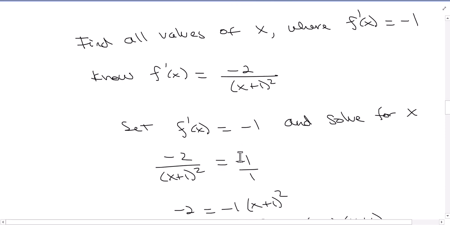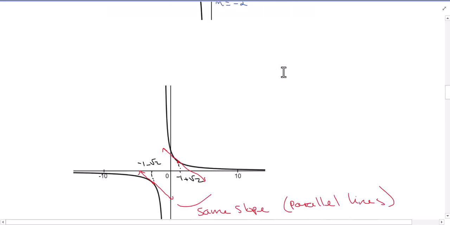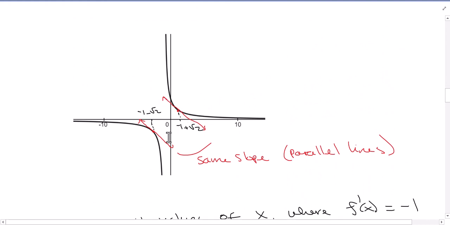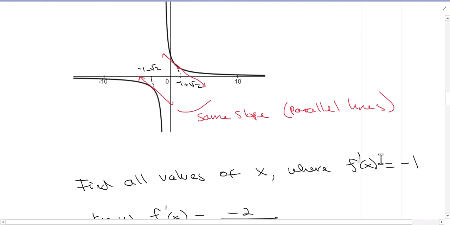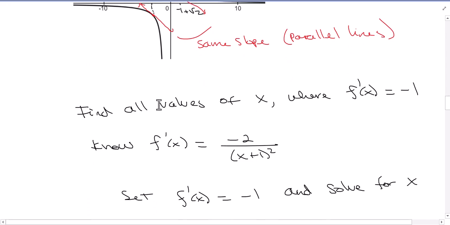In this particular case, I just said, it looks like based on the graph that I'm going to have parallel lines, so I just picked a random slope. If I want the slope to be -1, what does that look like? What if you want the slope to be -2, right? Then there'll be something over here where the slope is -2, and you might have another x value where the slope is -2 as well.